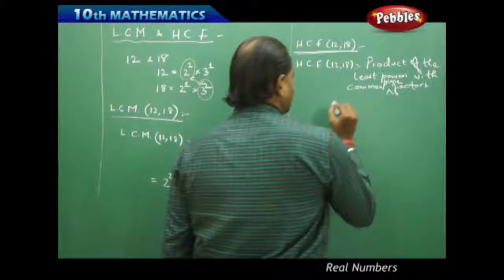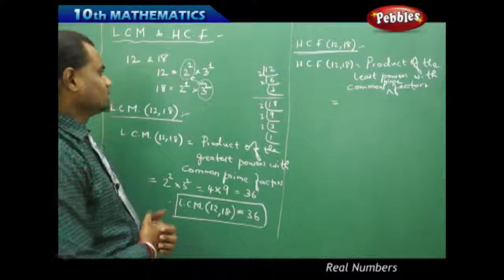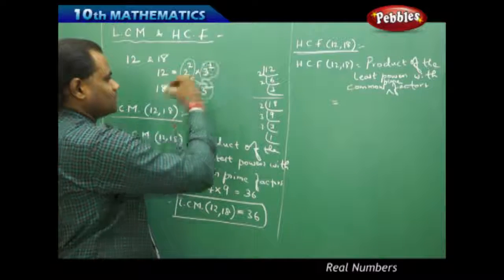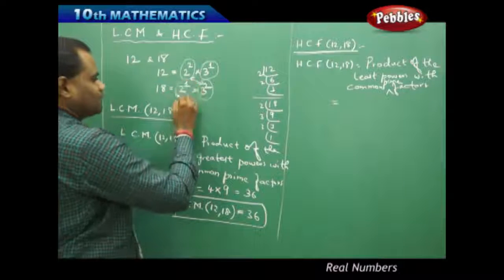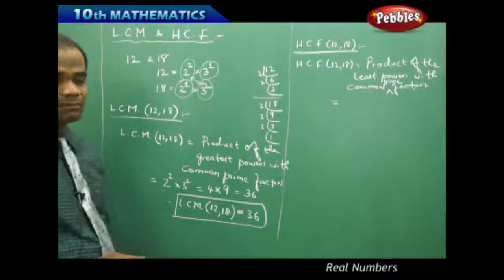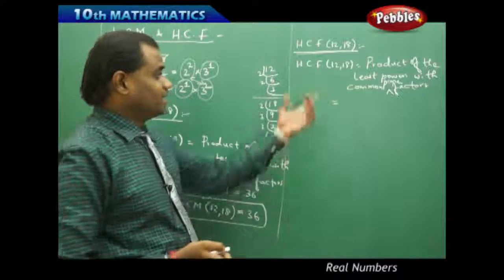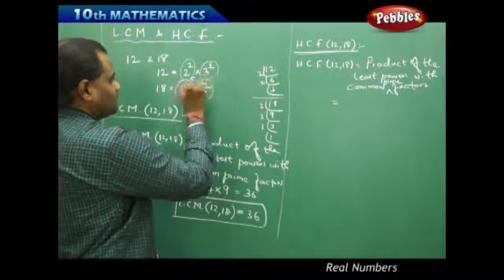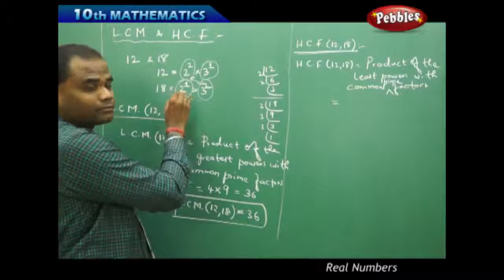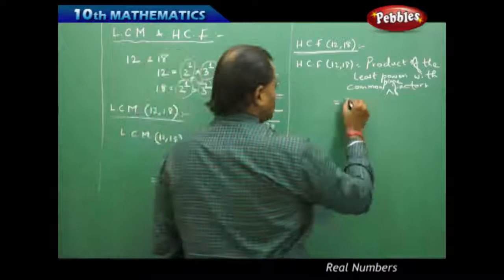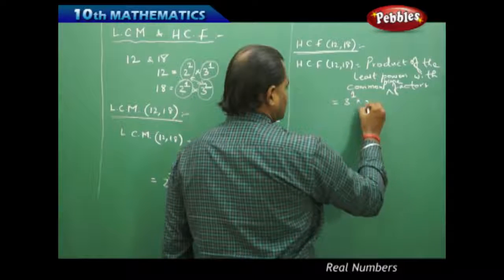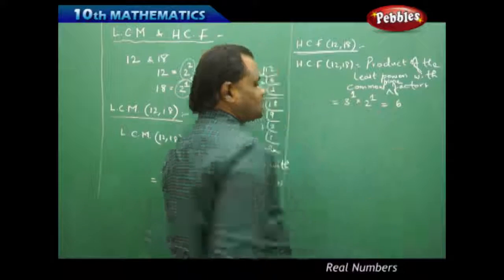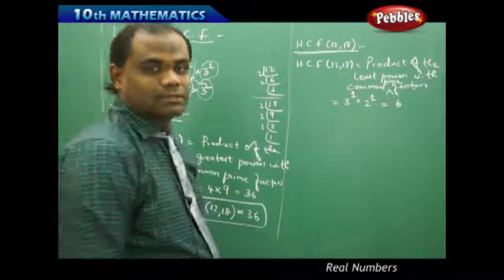When I identify the least powers, clearly the least power in case of 12 is 3 power 1 and the least power in case of 18 is 2 power 1. Therefore, when I want to find the HCF of 12 and 18, I take the product of the least power 3 power 1 times the least power 2 power 1, and this gives me 3 times 2, which is 6.